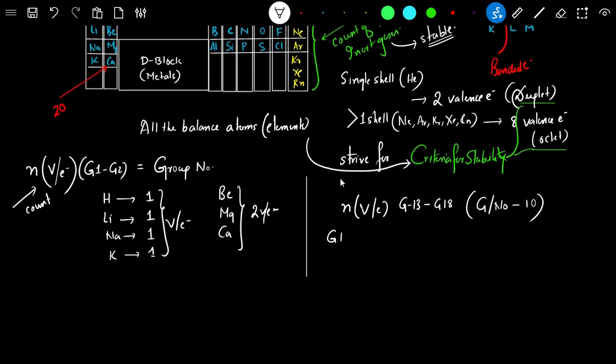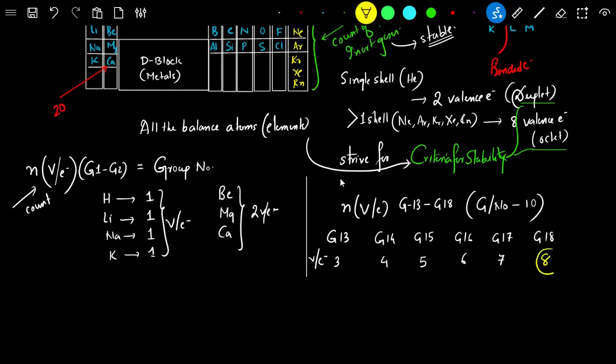We have group 13, group 14, group 15, group 16, group 17, group 18. Now let's see the valence electrons. What will 13 become? 13 minus 10, which will be equal to 3 valence electrons, right? 14 becomes 14 minus 10, 4 valence electrons, then 5 valence electrons, 6 valence electrons, 7 valence electrons, and this is our king who has 8 valence electrons.